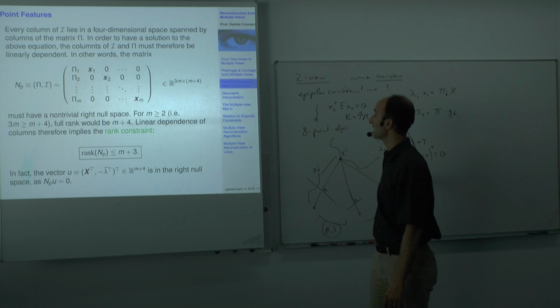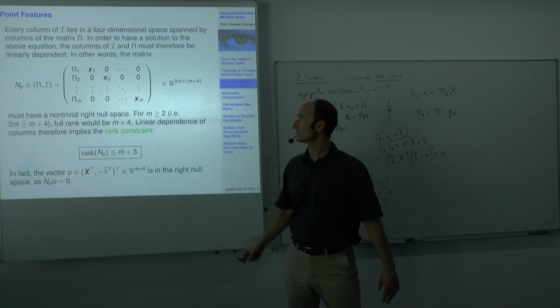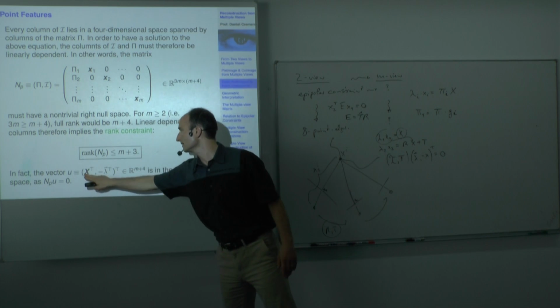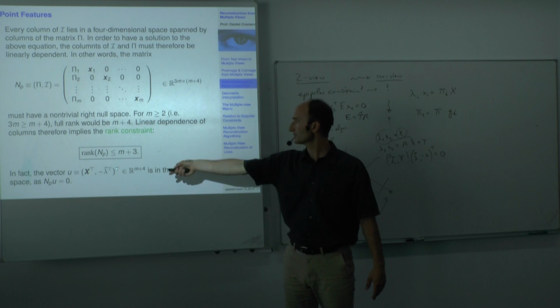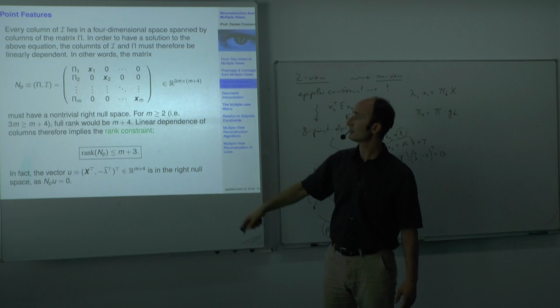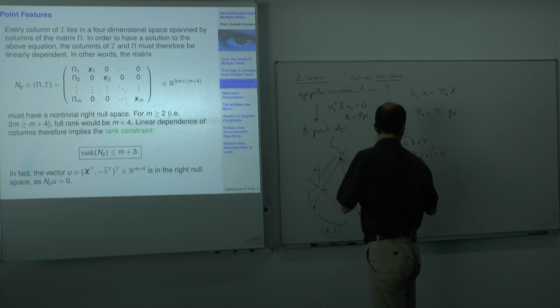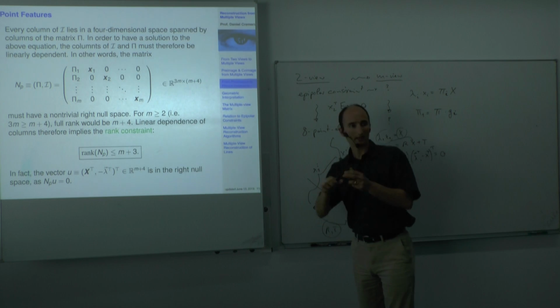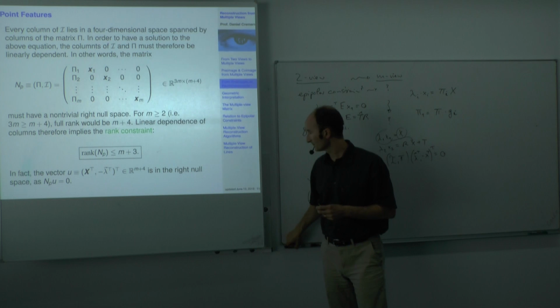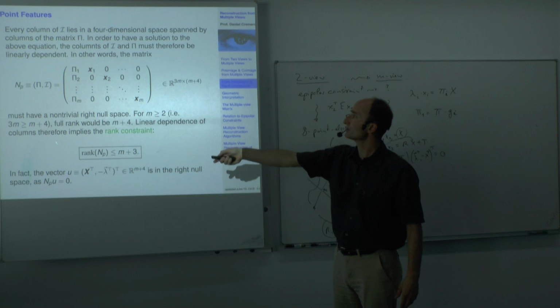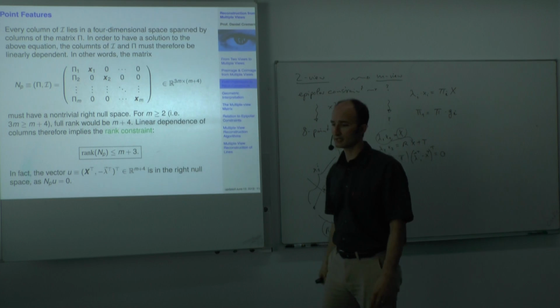Sorry, I had I pi here, here's pi I, it's just a convention. And so the vector u, let's call it X transpose minus lambda transpose, is in the null space of the matrix. Strictly speaking, if I first transpose these, they are row vectors, then I can put them in a long row, and transpose makes a column vector out of it. So this is a column vector which is in the null space of this matrix NP.